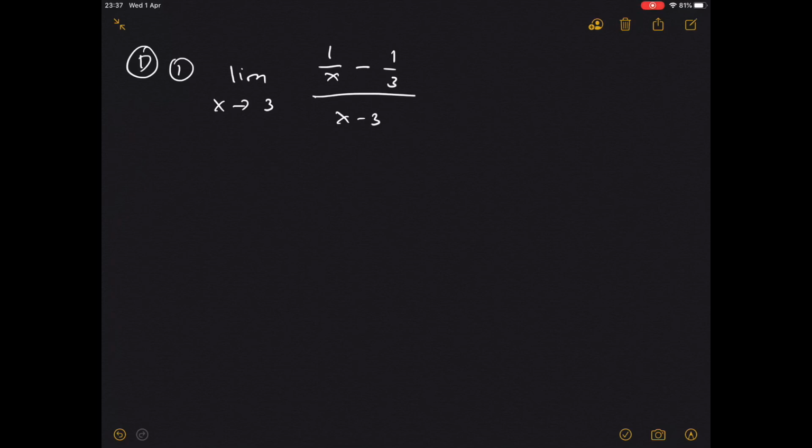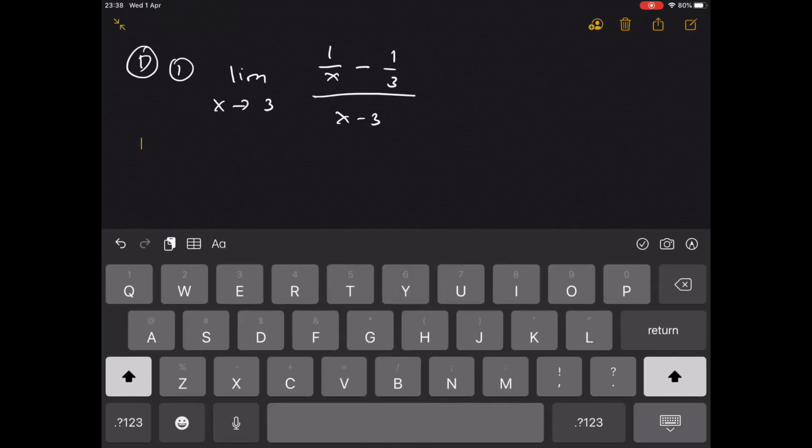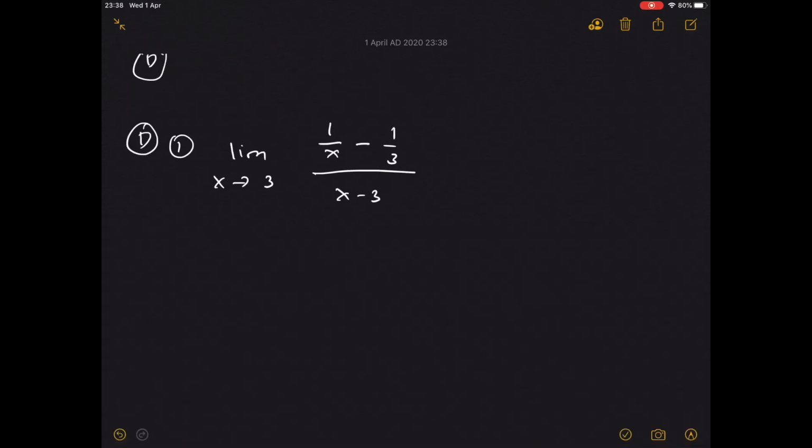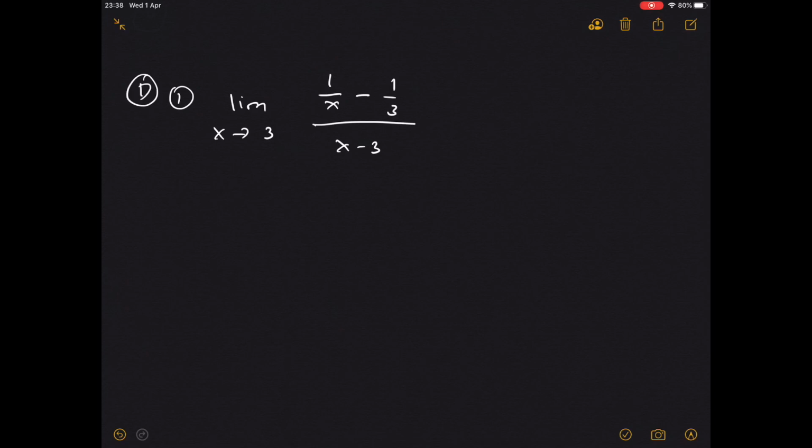So in this type of complex fraction, we are going to simplify by multiplying the function by the common factor of the denominators, which is x and 3. So multiply this by 3x over 3x.